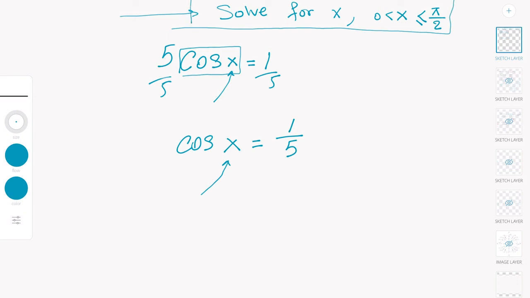That means they're not going to ask us to solve for the exact value. So at this point, this x will be cosine inverse of 1 over 5. So we have to use our calculator. On your calculator, you will type cosine inverse of 1 over 5. Then whatever that is, you will round it to 2 or 3 decimal places. In the next video, I will solve a little more complicated equation.